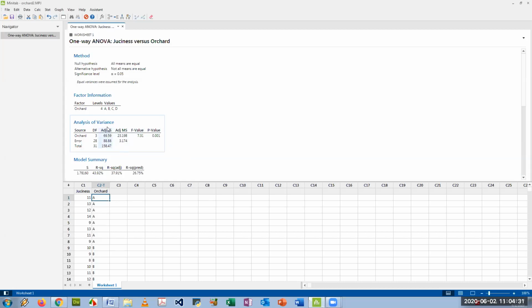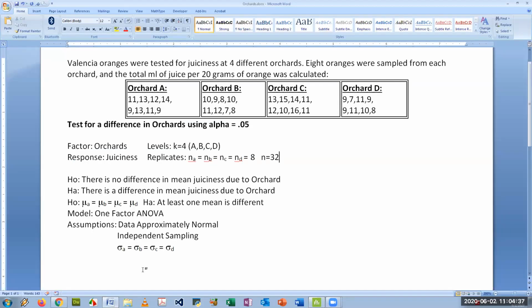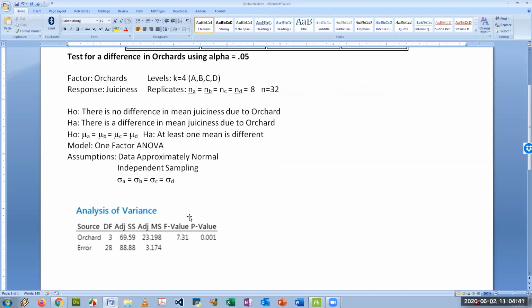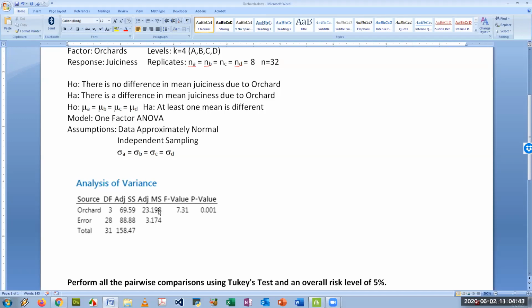So we get the ANOVA table. Let's start with that. We'll copy and paste that over. So when you run the ANOVA, you're going to get this. It's an F test, and the F is, again, mean square factor divided by mean square error.